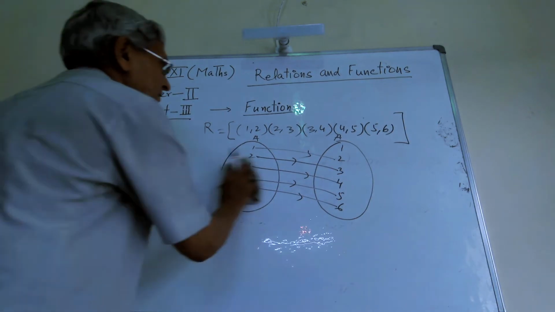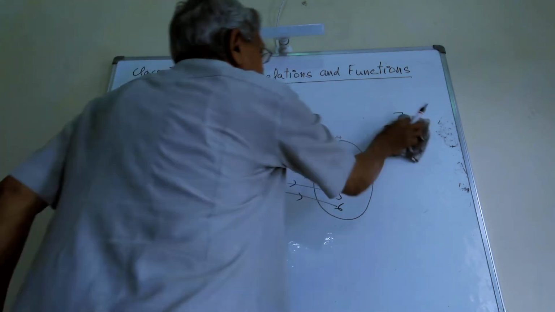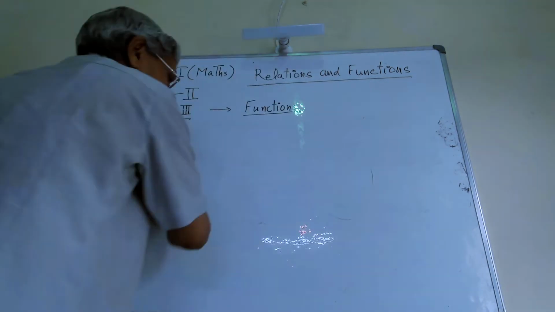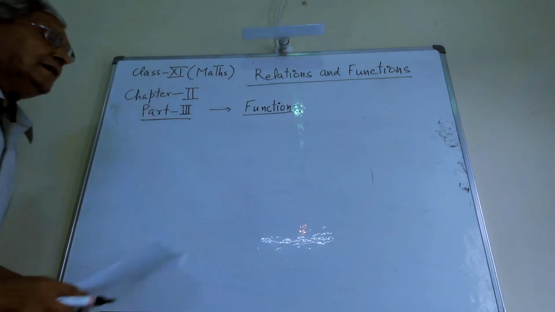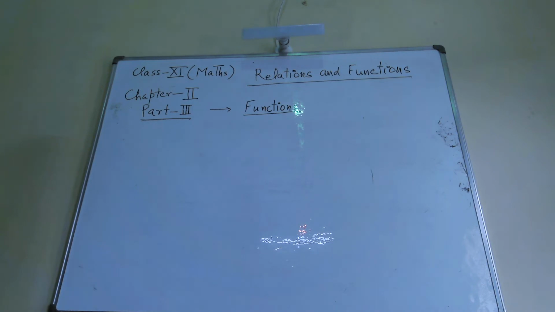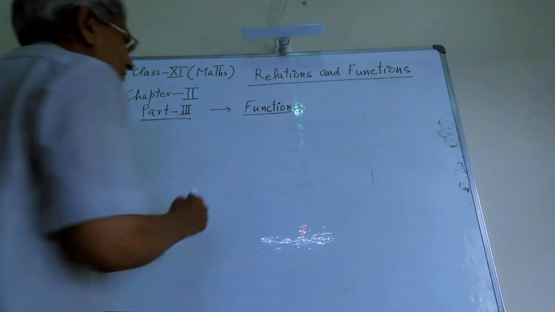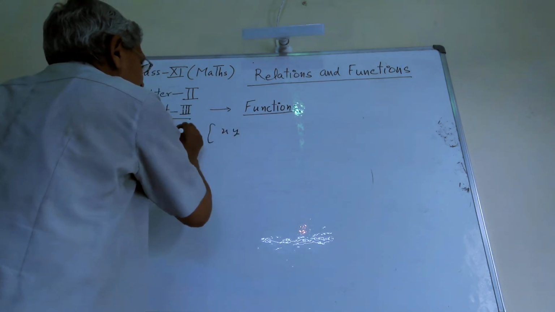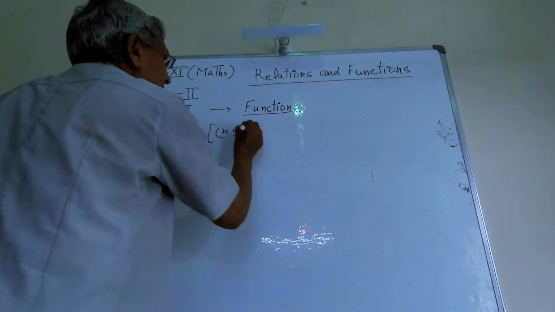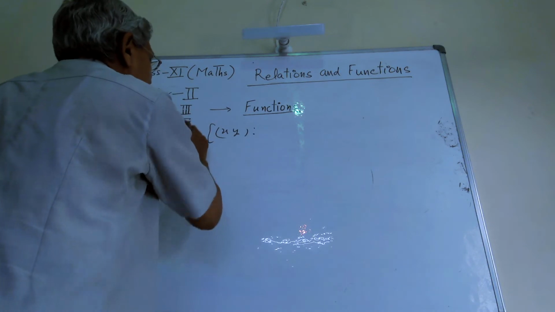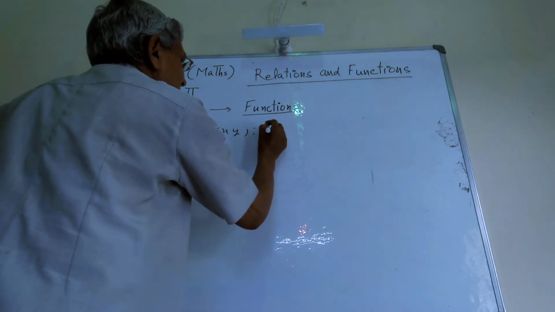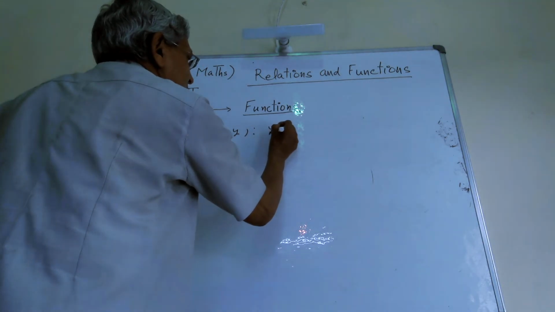Now, again, I am taking the next example. I have taken an example in part second. What was that? The relation such that y is equal to x plus 1.